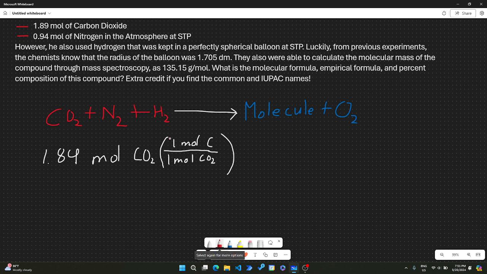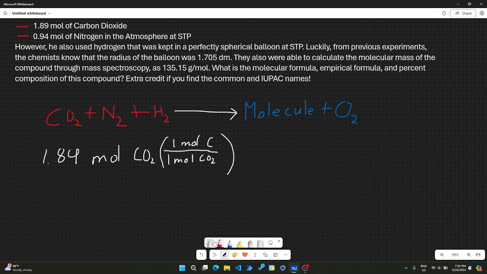Well, this number here is the same as the subscript for the carbon in this molecule. And this will become more obvious when we do nitrogen and hydrogen. But just know it comes from the subscript for this. If we were trying to calculate moles of oxygen, which we're not because it's irrelevant to this problem, we would do 2 moles of oxygen.